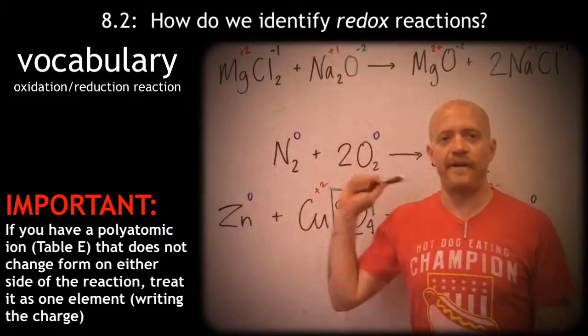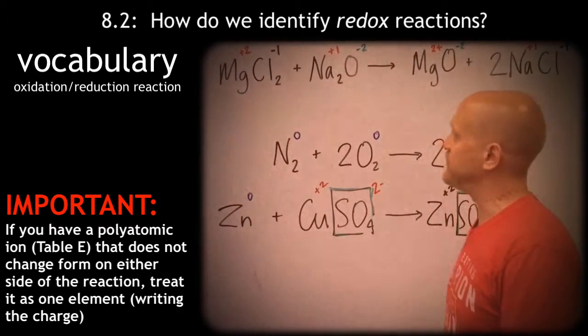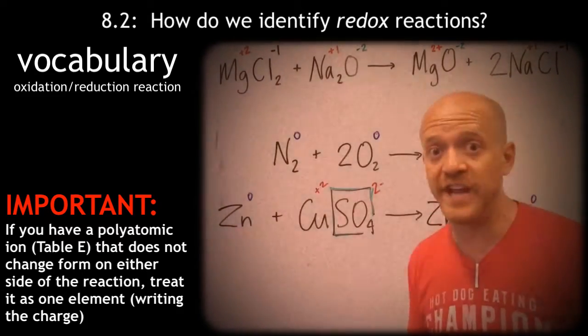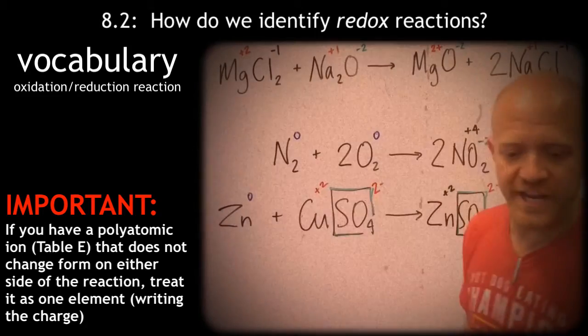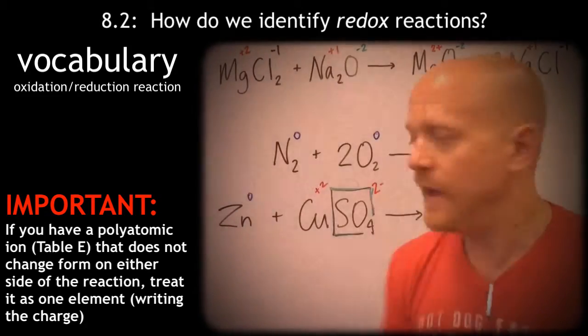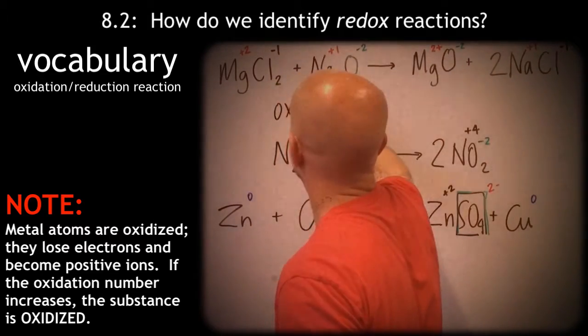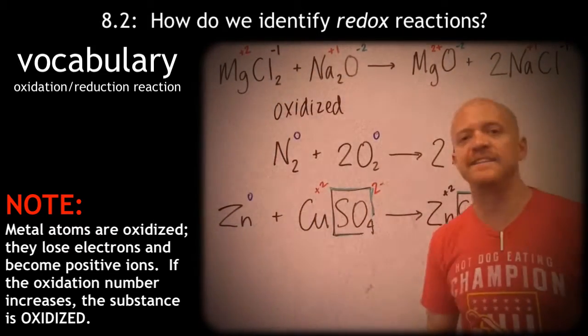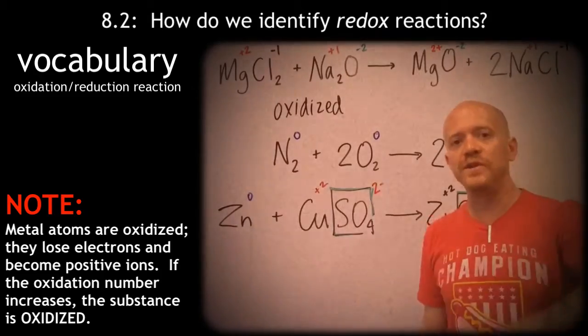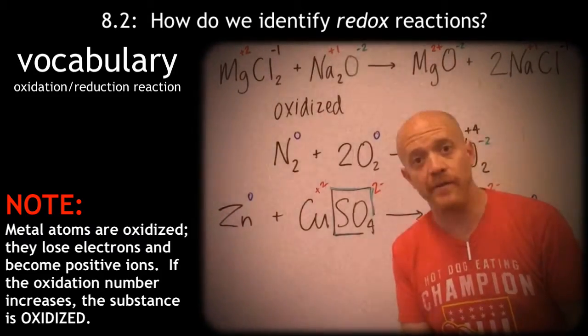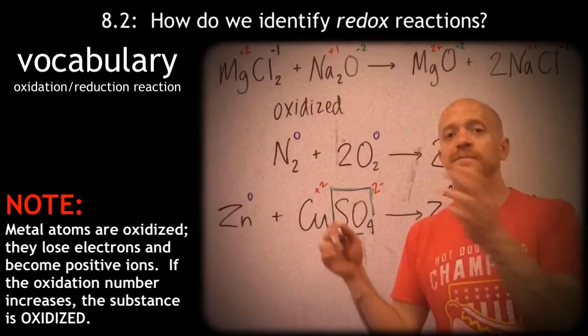Now we're going to look and figure out if something is being oxidized or if something is being reduced, or if there's no change at all. If there is no change, nothing is happening. If something is being oxidized, like I said, it is losing an electron. When you lose an electron, like a metal, it loses electrons, it becomes positive.